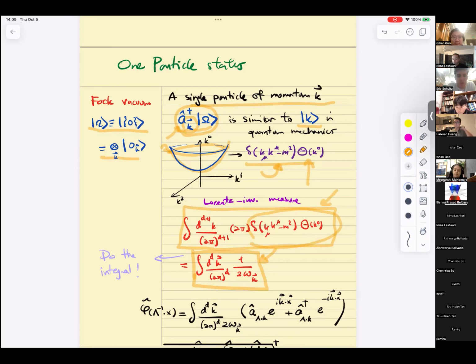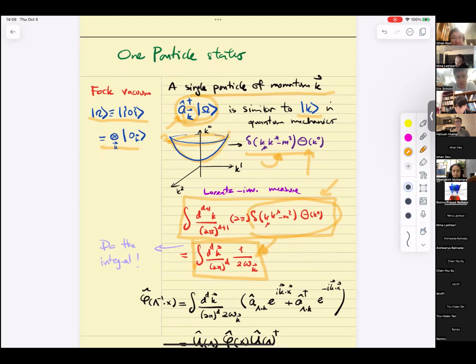Do that integral, and this is the expression you get. Why is this expression good? Because it's Lorentz invariant. Under Lorentz transformations, this integral remains unchanged, and that's pretty clear from this definition.